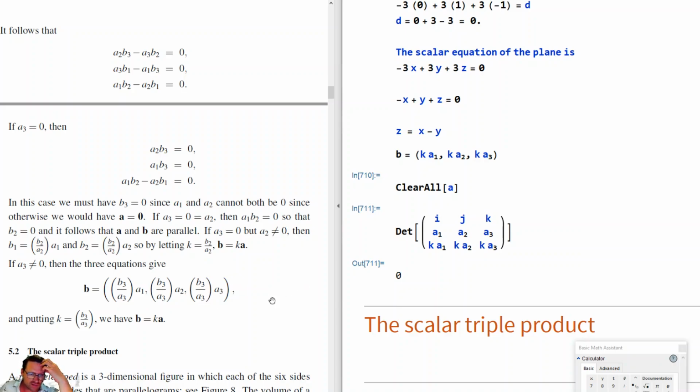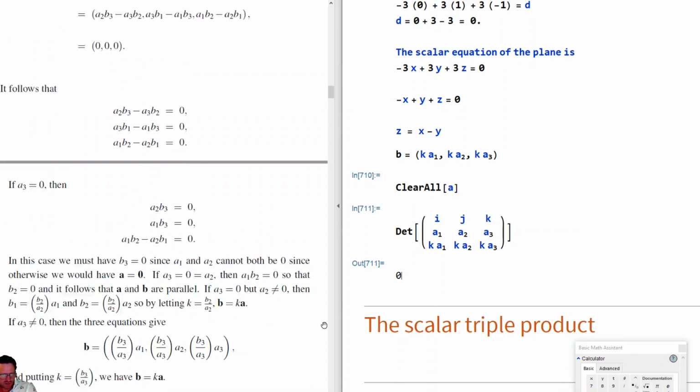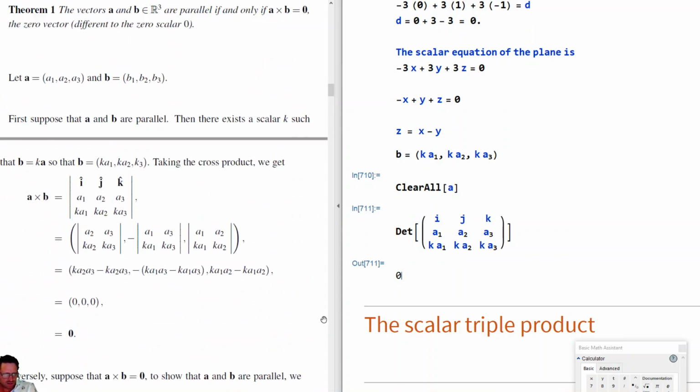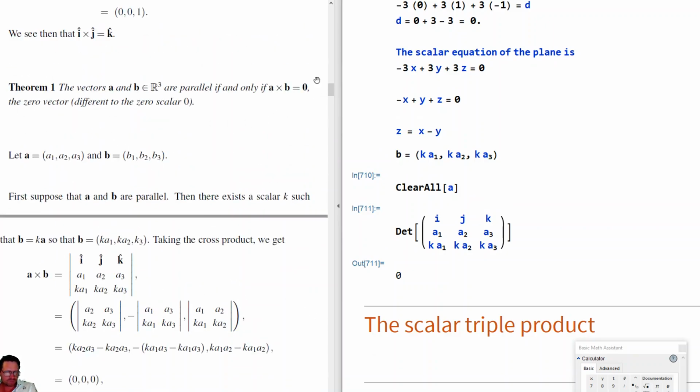And so if we let that constant K be B3 on A3, we actually have B is equal to K times A. So probably it would involve some careful writing of this stuff by hand to fully understand how that works. And so if you don't want to, no big deal. You can just believe the claim here.